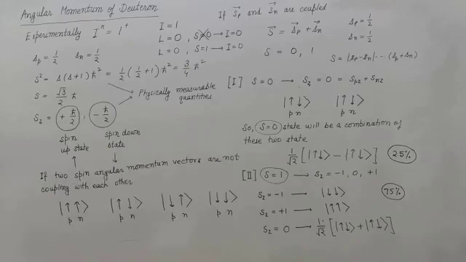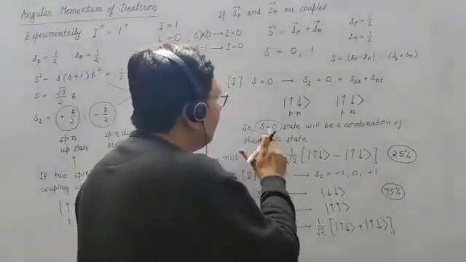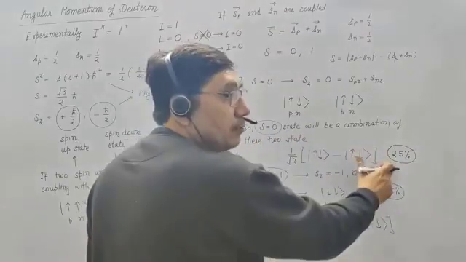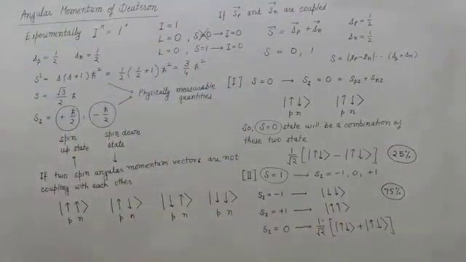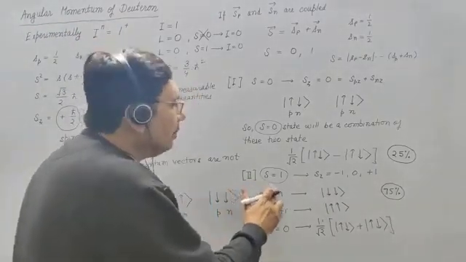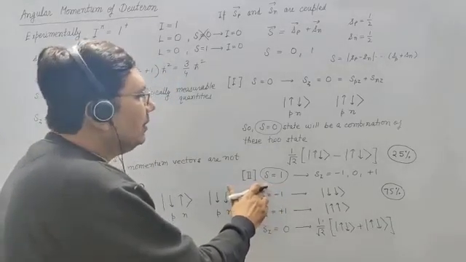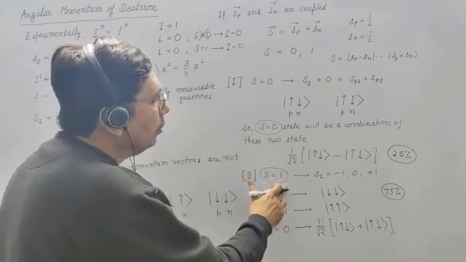What is the meaning of this? If nuclear forces were independent of spin, then the probability for the S equal to 0 state would be 25% and for the S equal to 1 state it would be 75%. But experimentally it is known that for 100% of the time, the deuteron nucleus is in the S equal to 1 state.